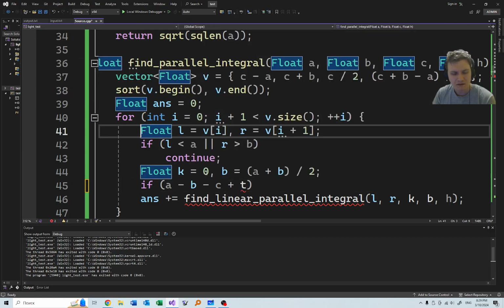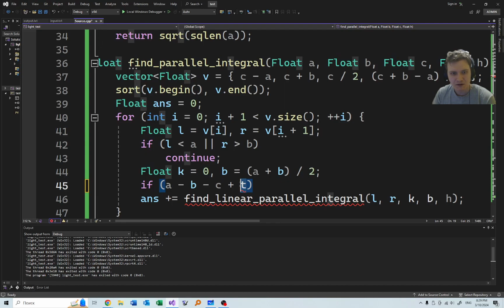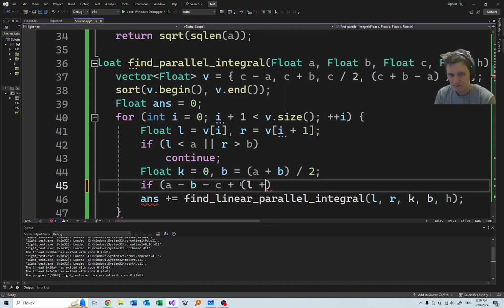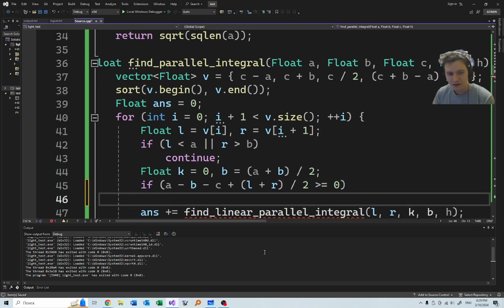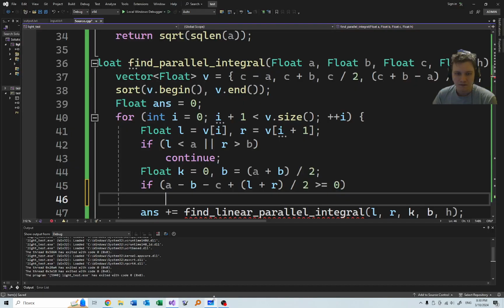What is t? t is L plus R over 2. So if this is at least 0, then this means that this modulus is opened without the sign change. So I need to subtract a minus b minus c over 2.